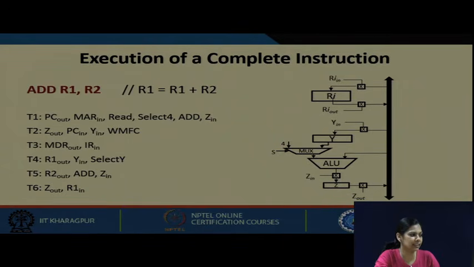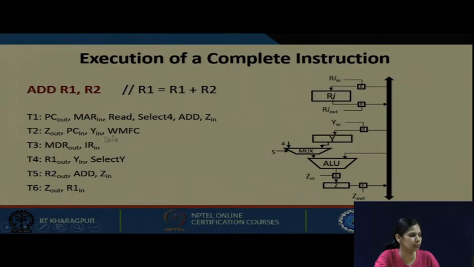Once this is asserted and this is performed in T2, the data is available in MDR out. Now, you see we are not giving MDR in E here. You can give it, but that is obviously also there. So, we are doing wait for memory function complete.